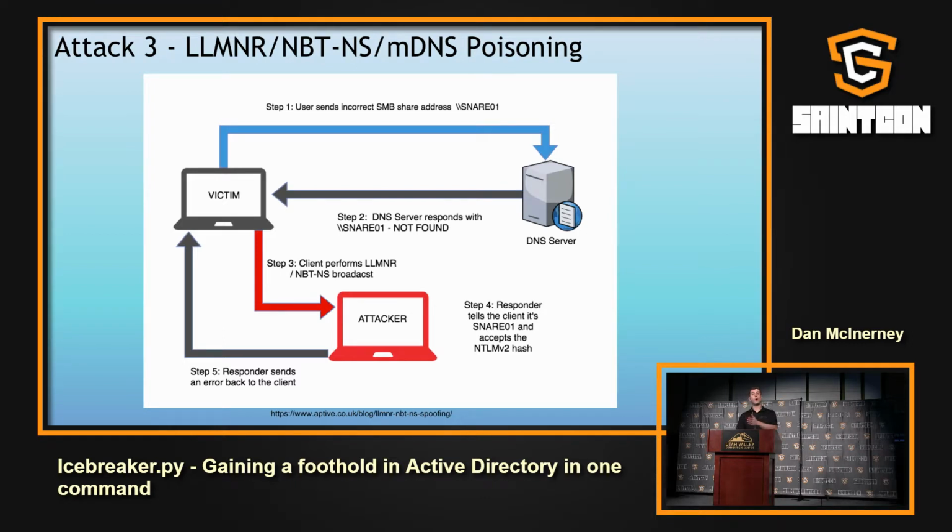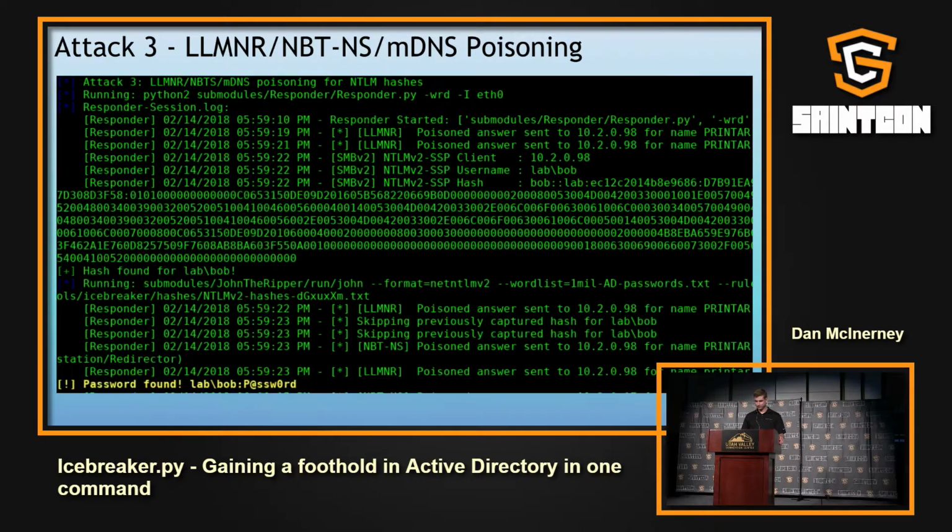And now it'll fall back to LLMNR or NBT-NS. By default, it'll fall back to LLMNR. Now it just shouts at the whole network, where is Snare01? And you, as the attacker running Responder, say, I'm Snare01, connect to me. And then the victim says, okay, great. I have no way of verifying this, so I might as well just trust it, and sends you the credentials.